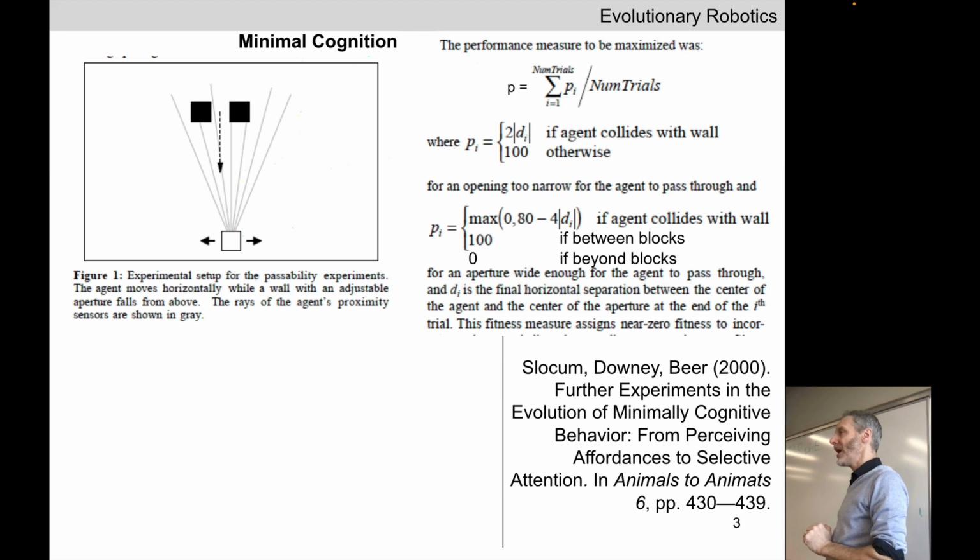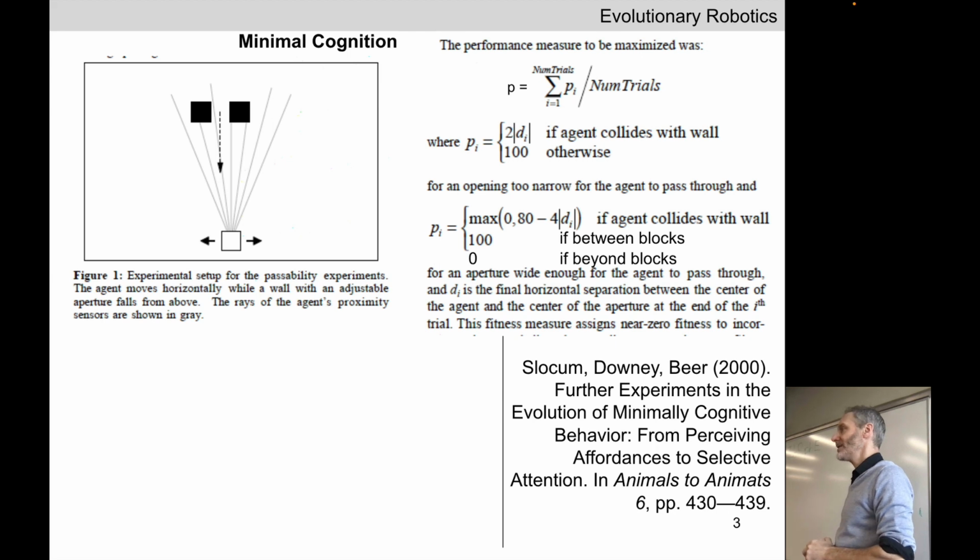The task for the robot is to quote-unquote see this pair of objects and detect the affordance advertised by this object pair, which is whether the gap between the pair is passable by the robot or not. If the robot positions itself directly underneath this pair of falling objects, will it be able to pass through them, or will the objects fall on either side of the robot and not hit the robot itself? That's passable. If the gap is overly narrow, what do you think the robot should do?